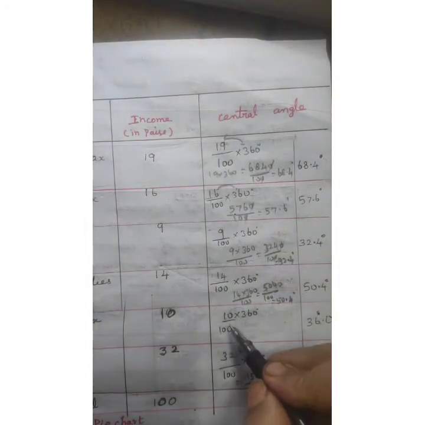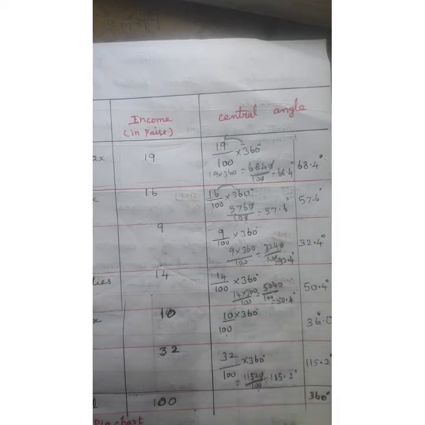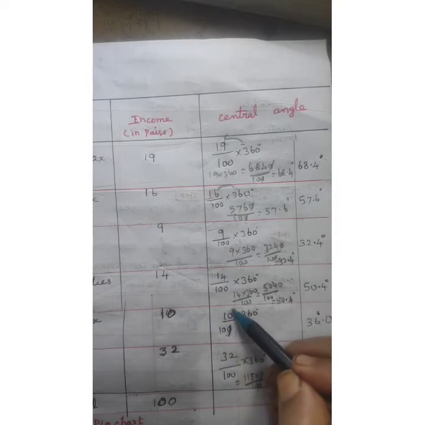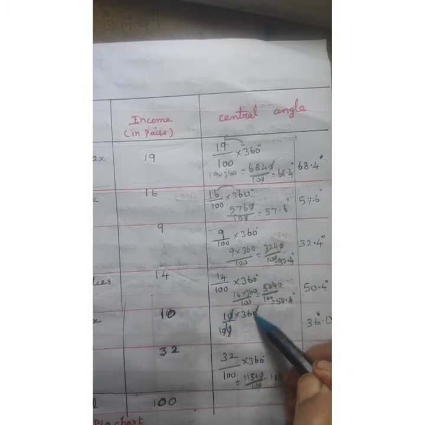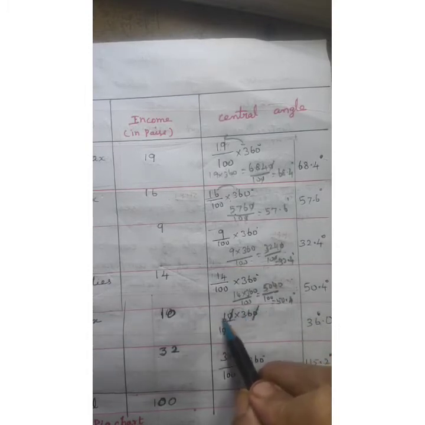Next one, 10 by 100 into 360 degrees. This is very easy: directly strike out the zeros. The remaining number is 1 into 36, which equals 36 degrees.